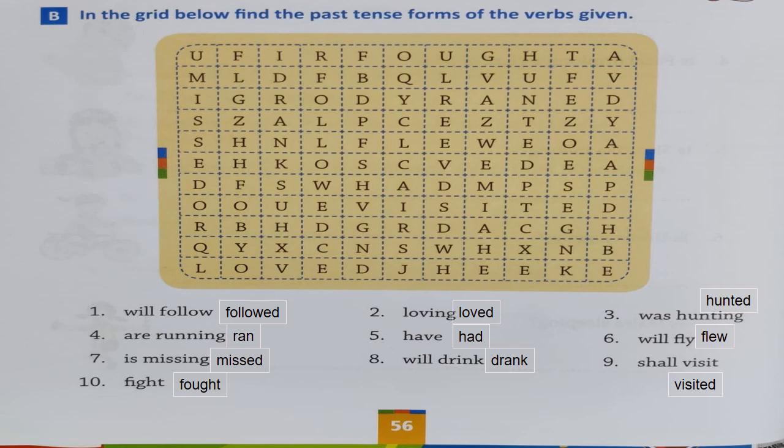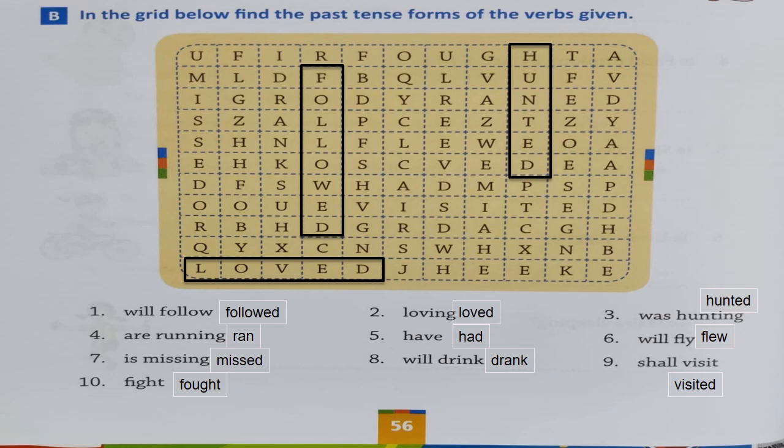Now children, we will find these words in the grid. So let's find number 1, followed. Number 2, loved. Number 3, hunted. Number 4, ran.